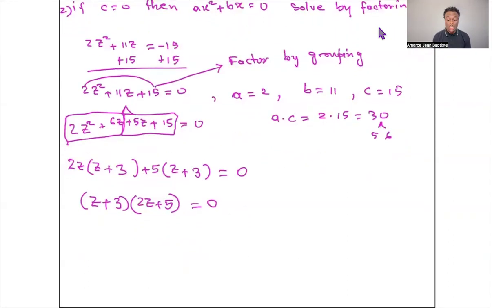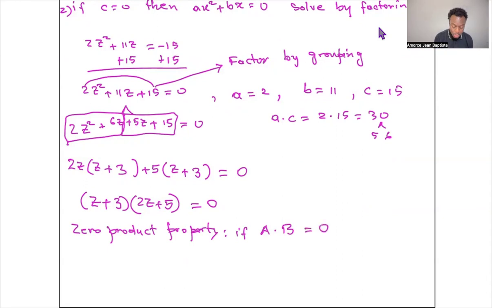And now we can use the zero product property. The zero product property says if you have a product A times B, or more factors, that is set to 0, then at least one of them is 0.